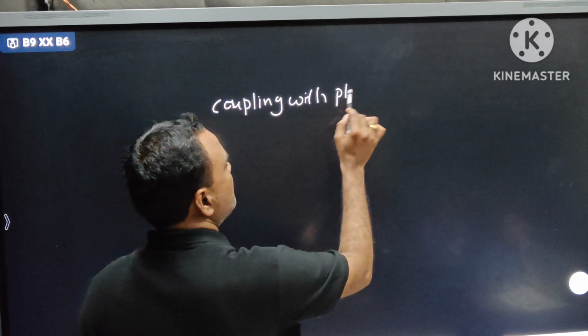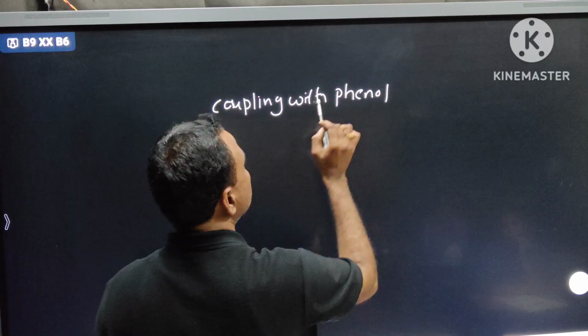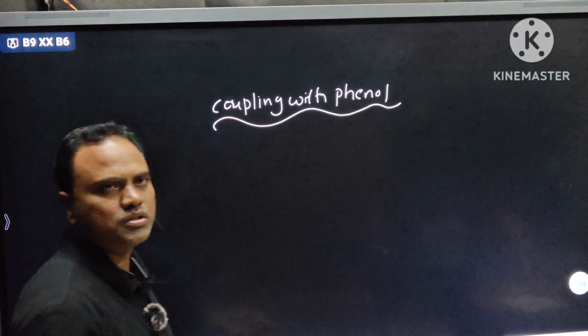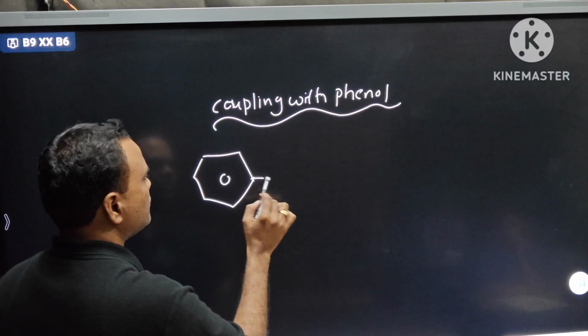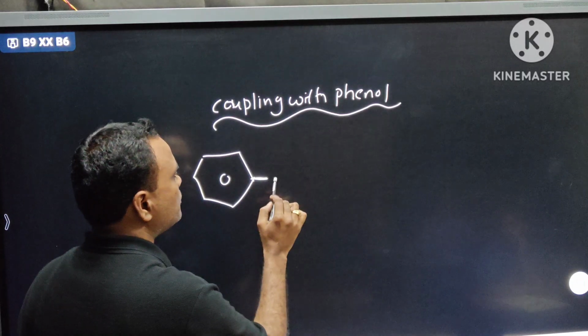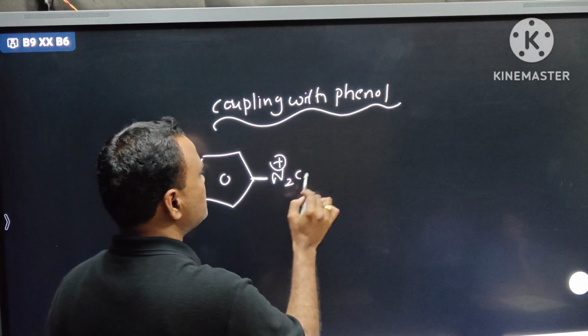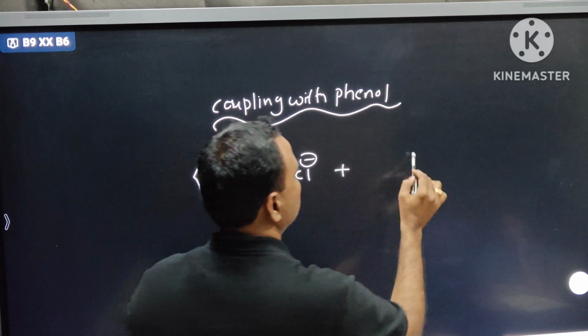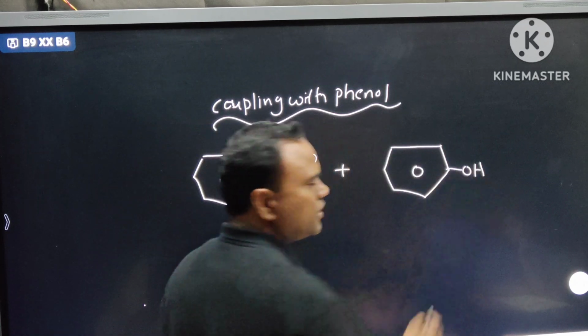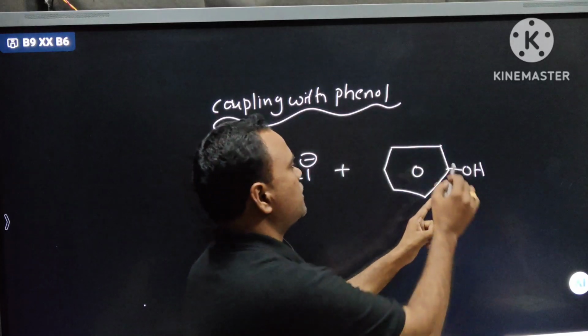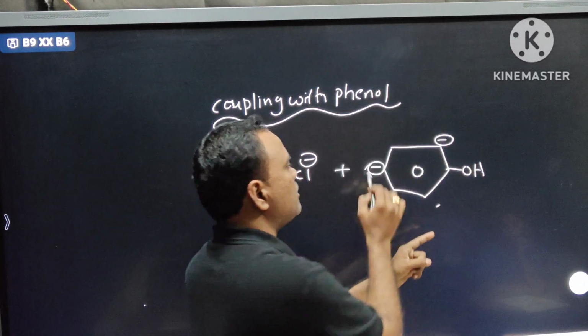In phenol chemical properties, we did this. Phenol, same reaction, everything is same. Only the nucleophile will change. N2 plus and Cl negative. OH is the electron donating group. It increases electron density at ortho and para positions.